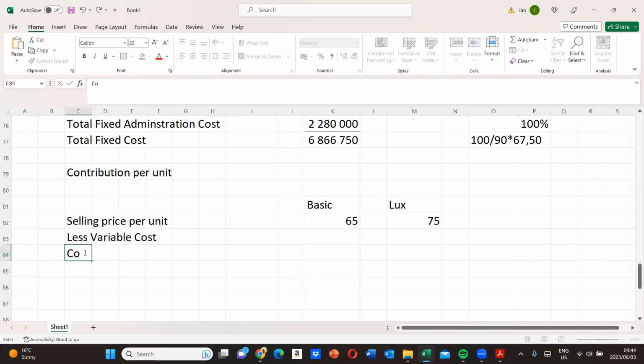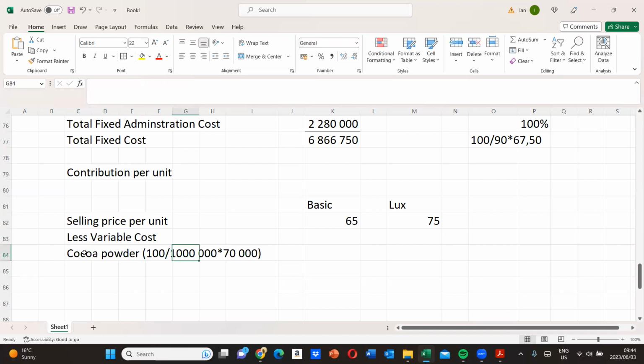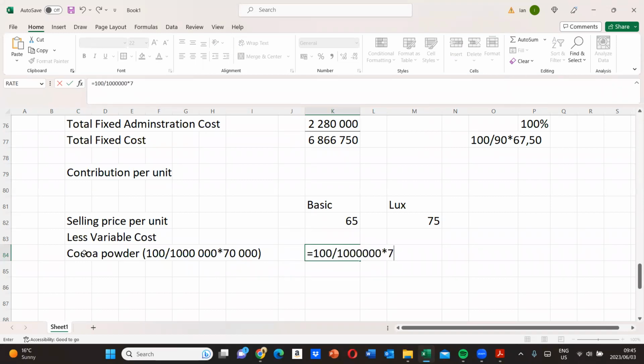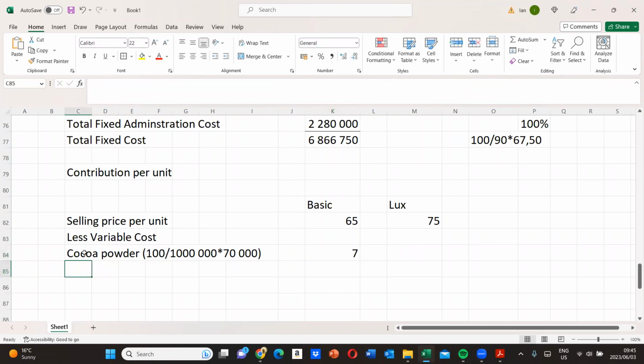Alternatively, 100 grams is equivalent to, we divide by 1 million to convert it into tons, then multiply with 70,000, and then we get our cost. It could have given us something like 7. Let's see if there are decimals.